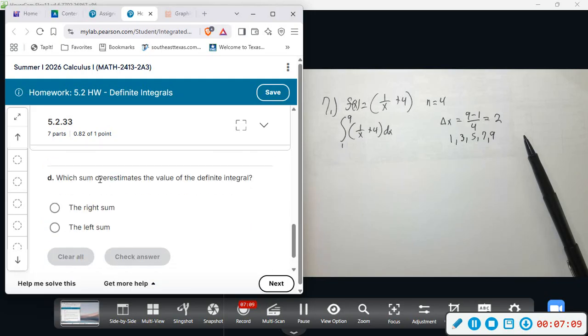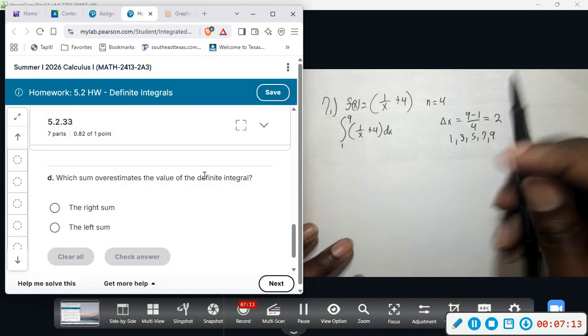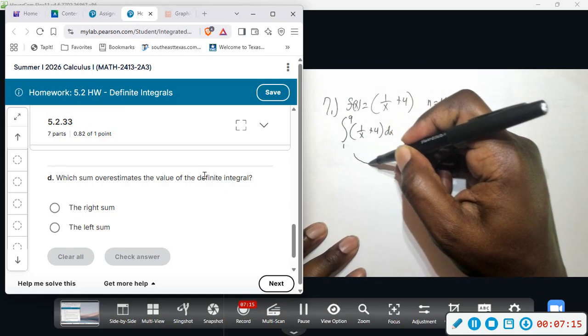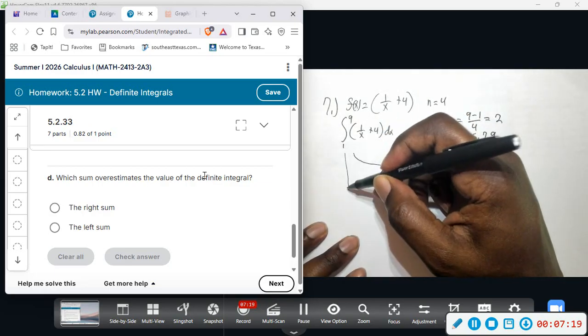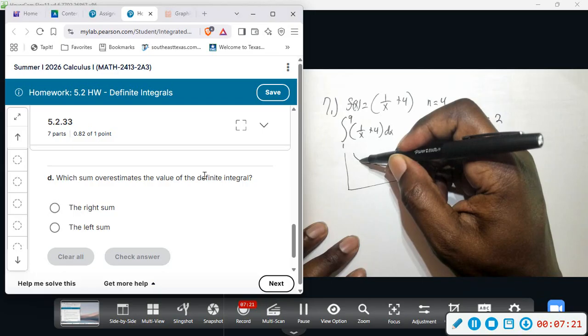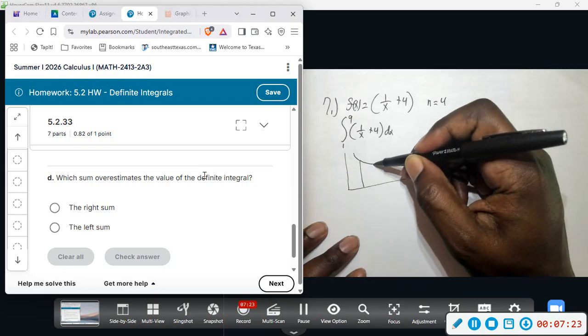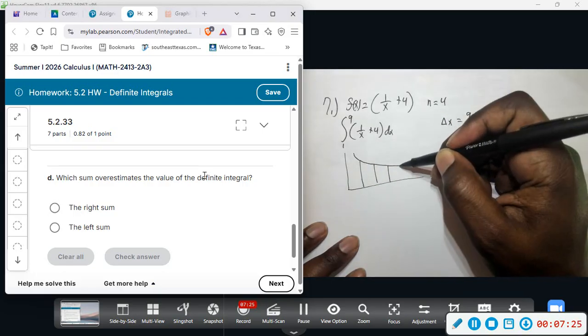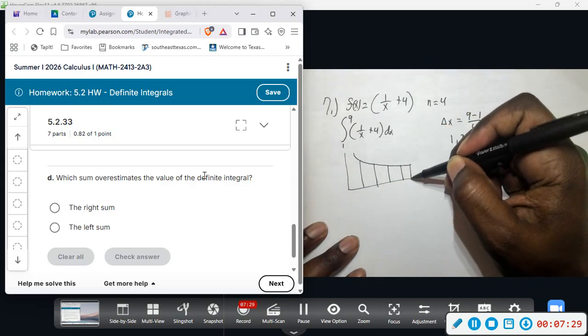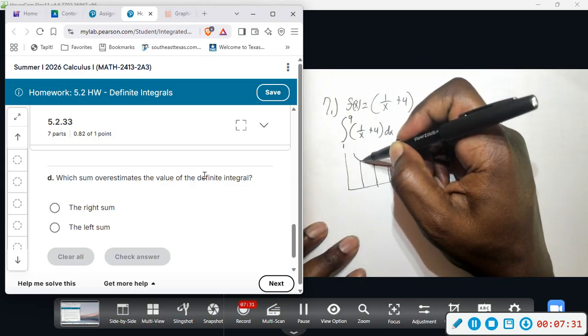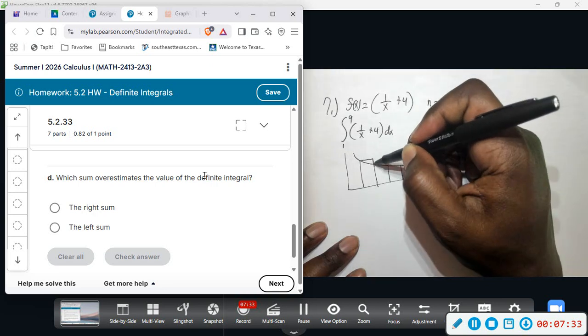All right, and then which one overestimates? So since this was a decreasing function, we had something like this. Let's just say we had 1, 2, 3, 4, and then our last mark. So if we do the left sum, we're going to go to the right from each point.